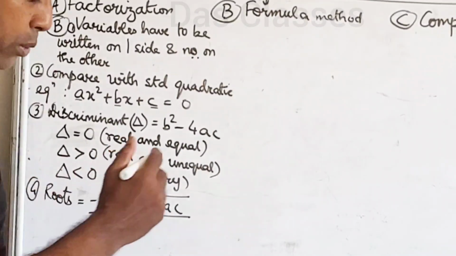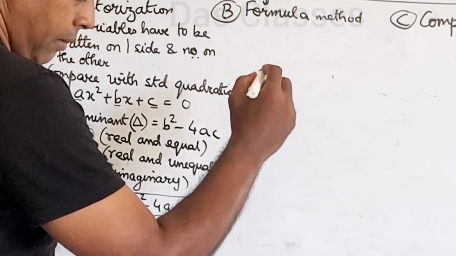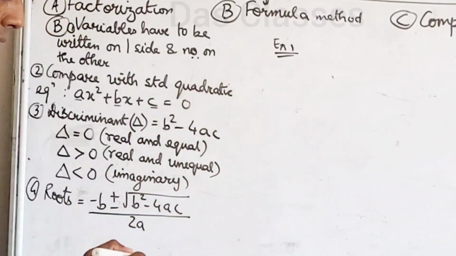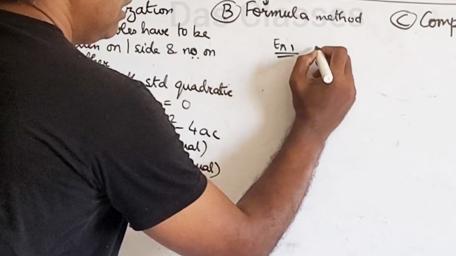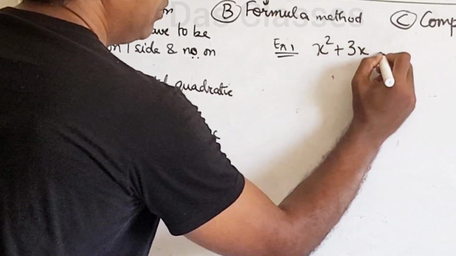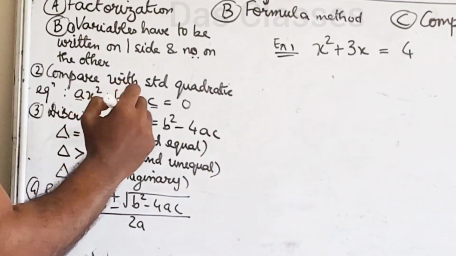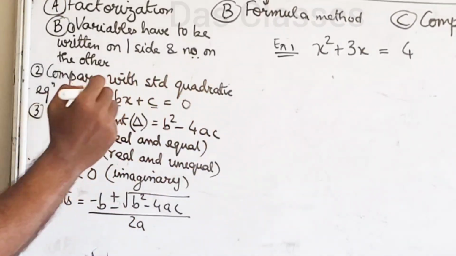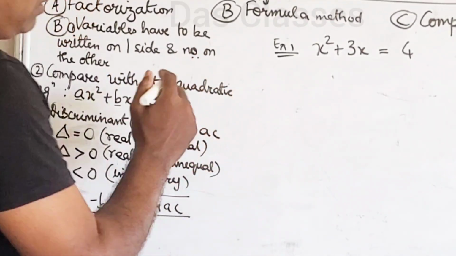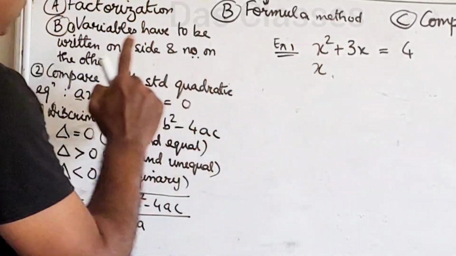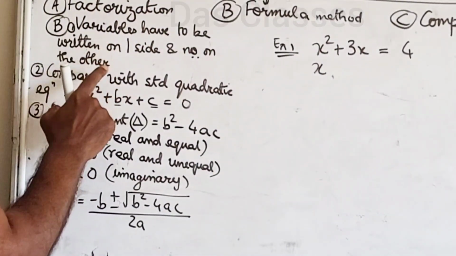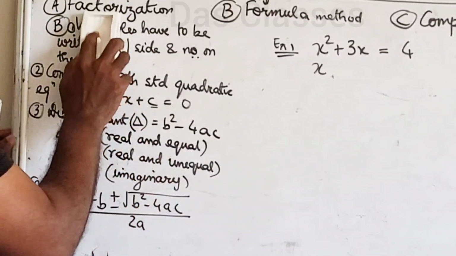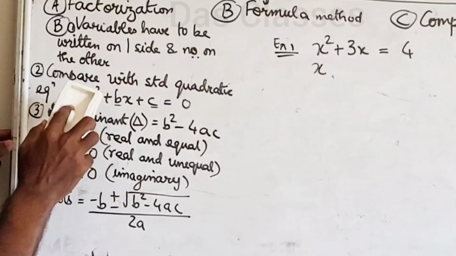The first sum that we are going to take is x square plus 3x is equal to 4. According to the steps, the first step I have written it wrong. Writing the variables on one side and the number on the other is what we do in the completing the square method.